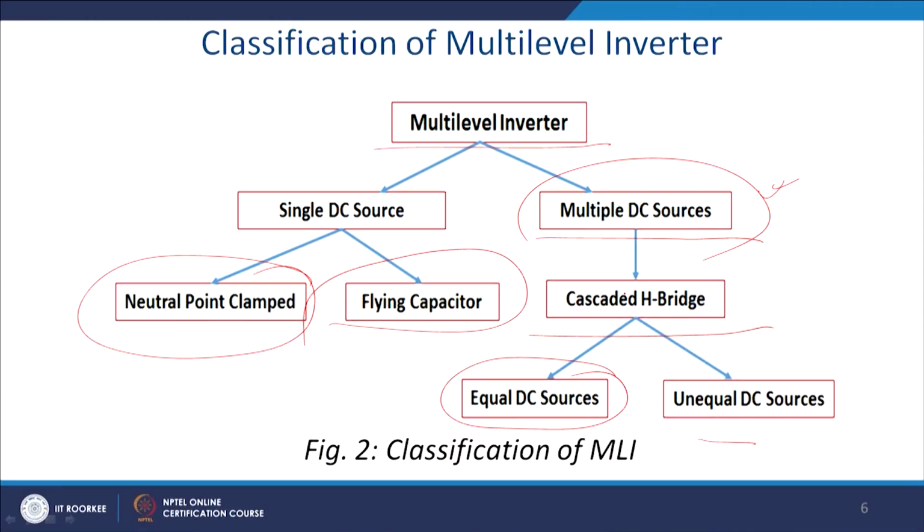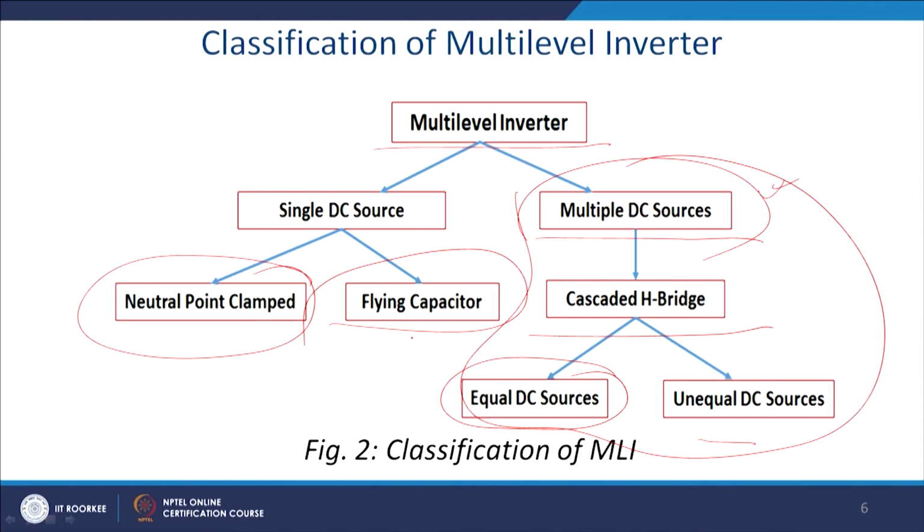And this cascade multi-level inverter is also used in the UPQC, the shunt active power filter and other applications, because ultimately you just require a difference of source voltages to compensate different levels of voltage. So, nowadays we prefer this more than the neutral clamp and the flying capacitor.